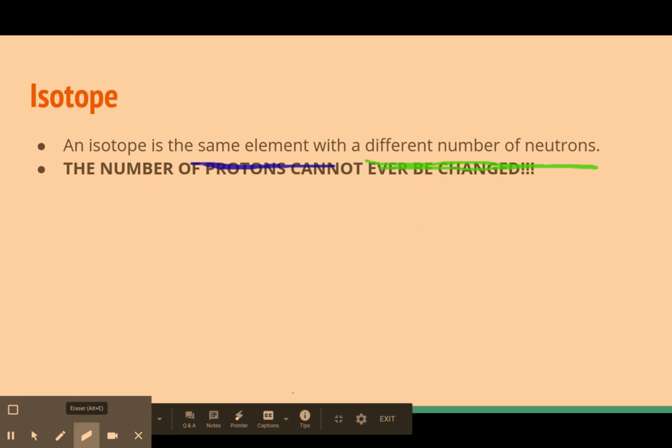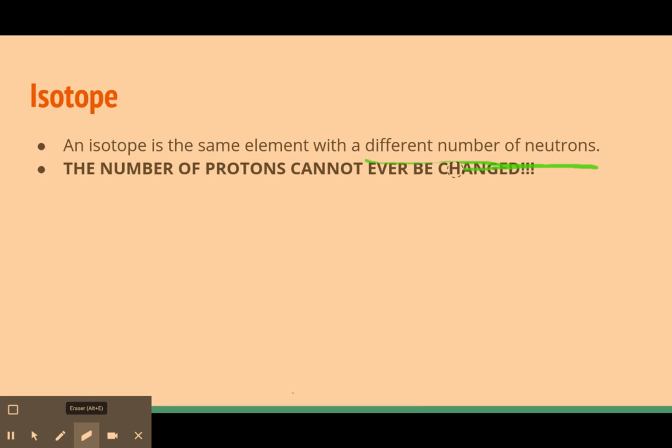Here's a key on this, and we hit on this already a little bit: the number of protons cannot be changed. If I change my protons, I change my element. Later on, we'll be changing electrons, so know that those can change, but right now they're equal to your protons, but they can change. Your neutrons can change because that gives us an isotope, but when I change my protons, I change the element.